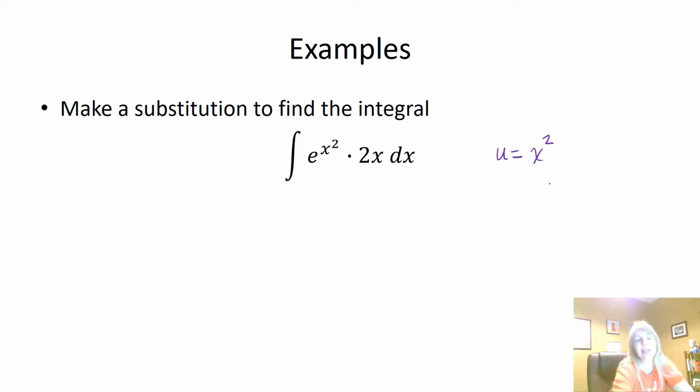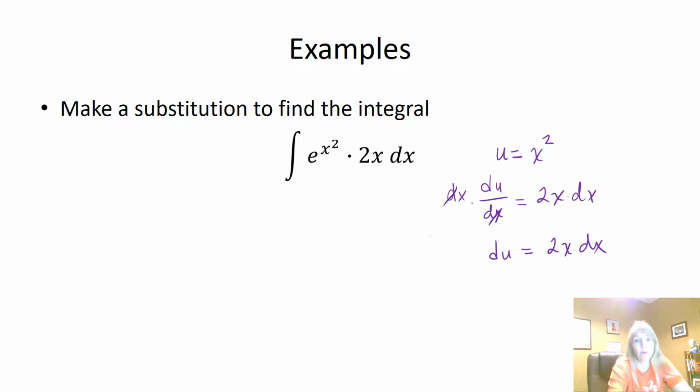Then take the derivative with respect to x of x squared, which is 2x, and then I can multiply both sides by dx and I get du equals 2x dx.